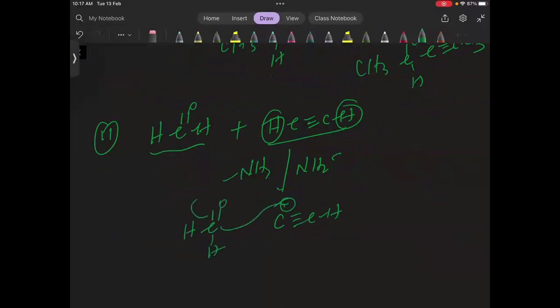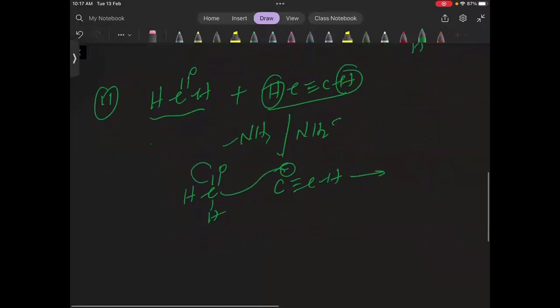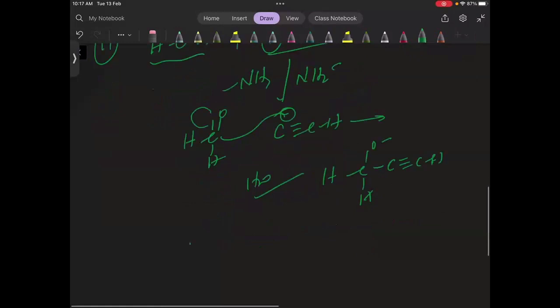Then H, C, H, O negative, C triple bond CH forms. Now do the hydrolysis: H, C, OH, H, C triple bond CH.